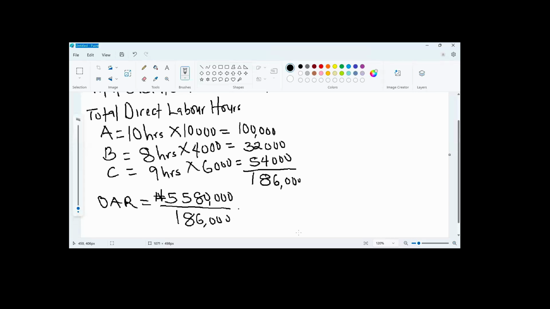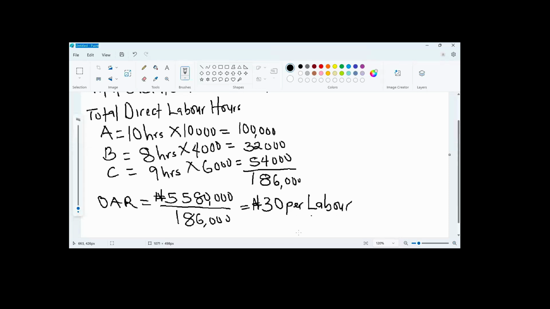What do you have, please? 30 naira. You say 30 naira per labor hour, because it is labor hour we use to divide it. Is that not so? Yes, sir. There must be a basis. 30 naira per labor hour.